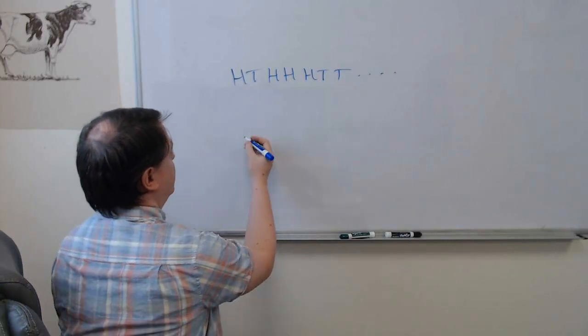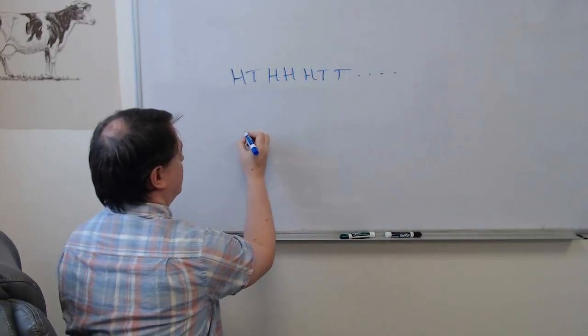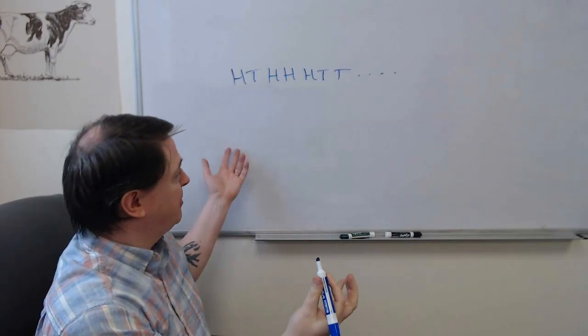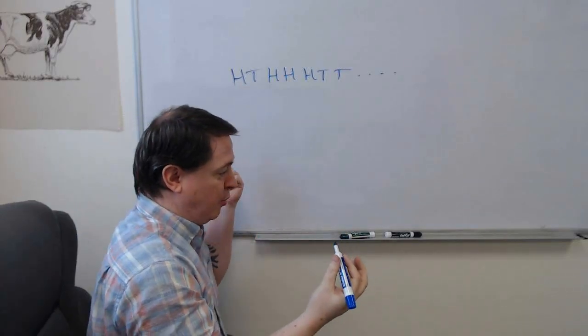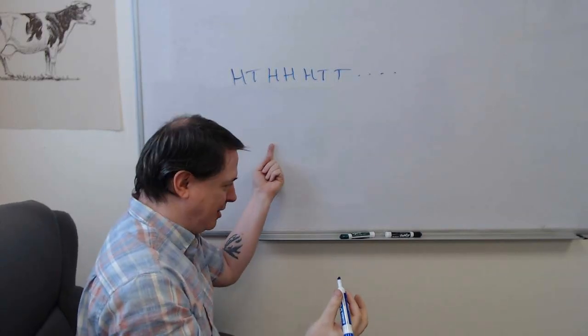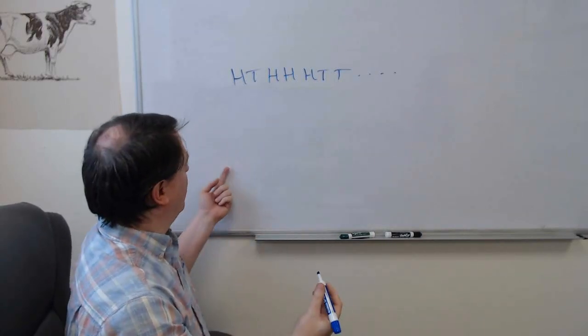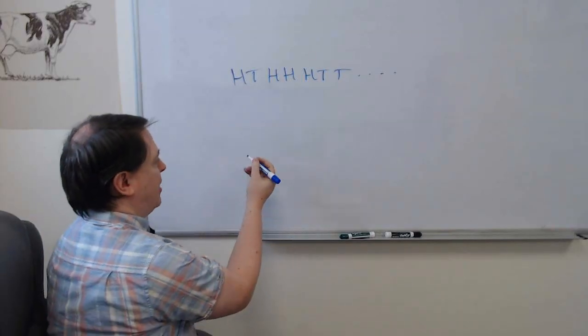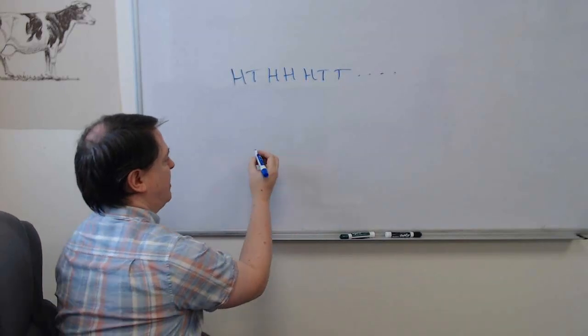So, for the first flip, I don't want to think about this as 100 flips. I want to think about this as flipping a coin and then flipping another and then flipping another, or just flipping the same coin 100 different times. It doesn't matter, but I'm thinking about it as individual steps here.